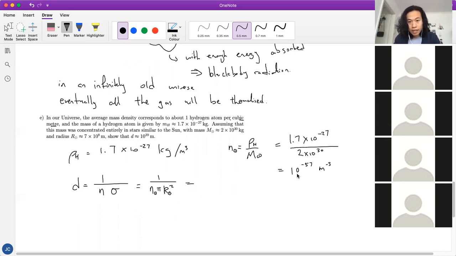So now that we have the n solar, we can just put that in. 1 over 10 to the minus 57 times pi times the solar radius, 7 times 10 to the 8, squared. And that's equal to about 10 to the 39 meters.